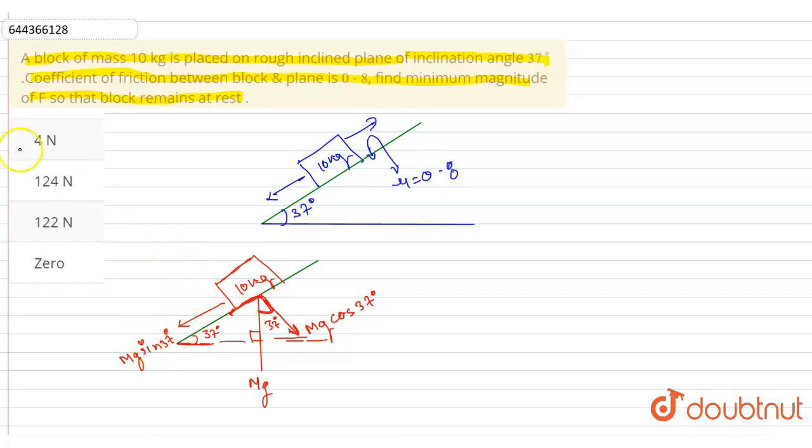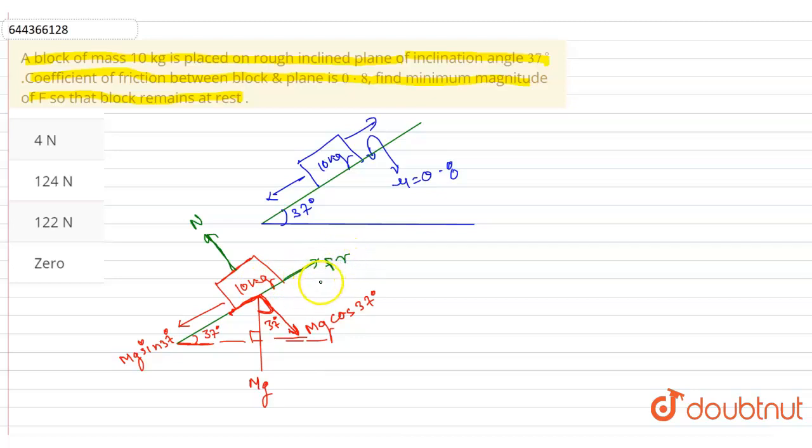Now another force is the normal acting on that body, which is perpendicular to the plane. Normal reaction. And another force is friction, because mg sin theta is acting in downward direction, which causes motion of that block. So to avoid motion, the friction force acts in the opposite direction. So this is the direction of friction force.